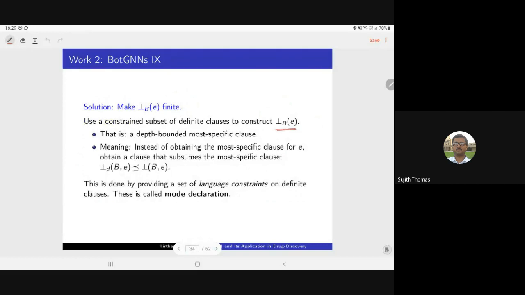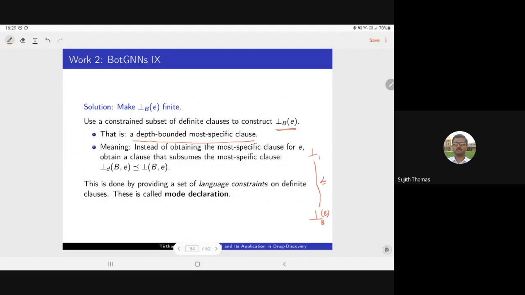What it does is it bounds the depth of the most specific clause. That is, if this was your, say, bottom clause B that you would have obtained with B and the data instance E, instead of finding out the most specific clause, try to find out a clause which subsumes this.